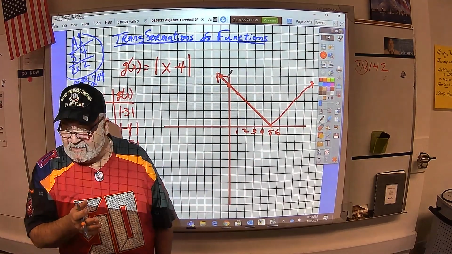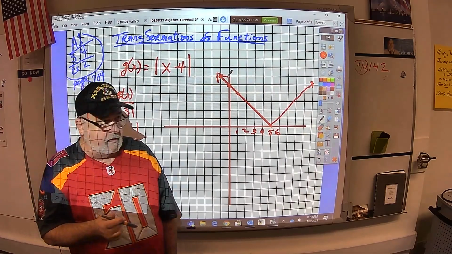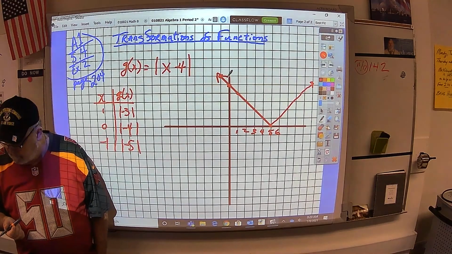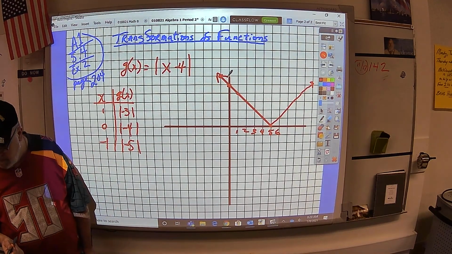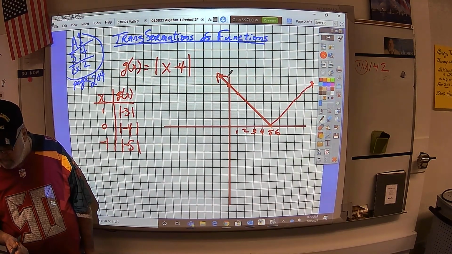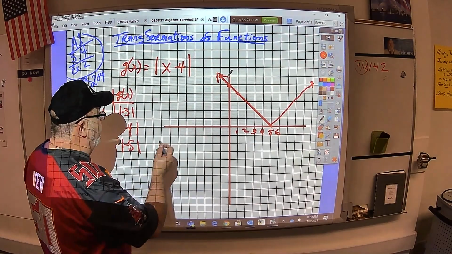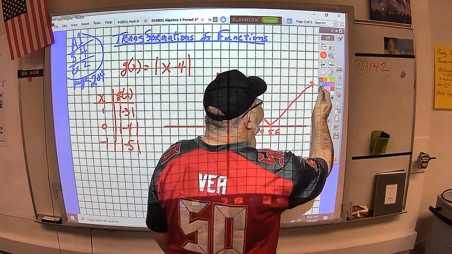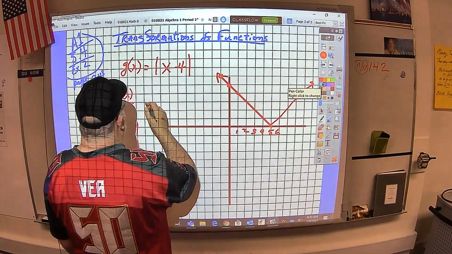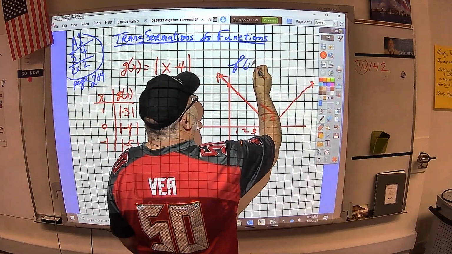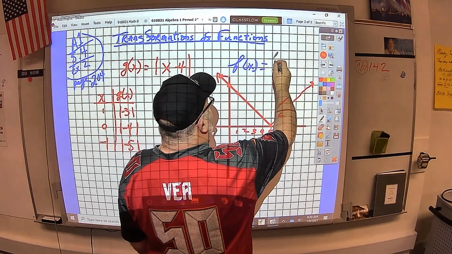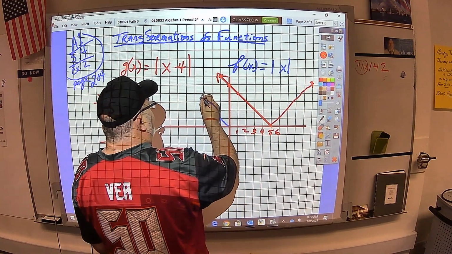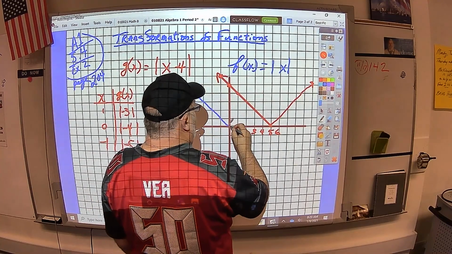All right. Now, having said that, if I'm going to compare that with f sub x, sorry, I'm getting ahead of myself because I'm hurrying. If I'm going to compare that with f sub x equals the absolute value of x, well, f sub x looks like this, right?